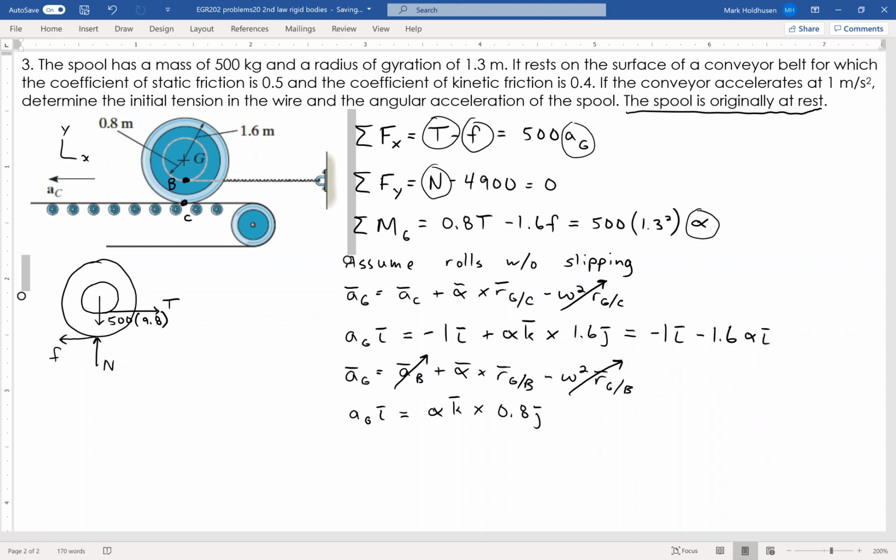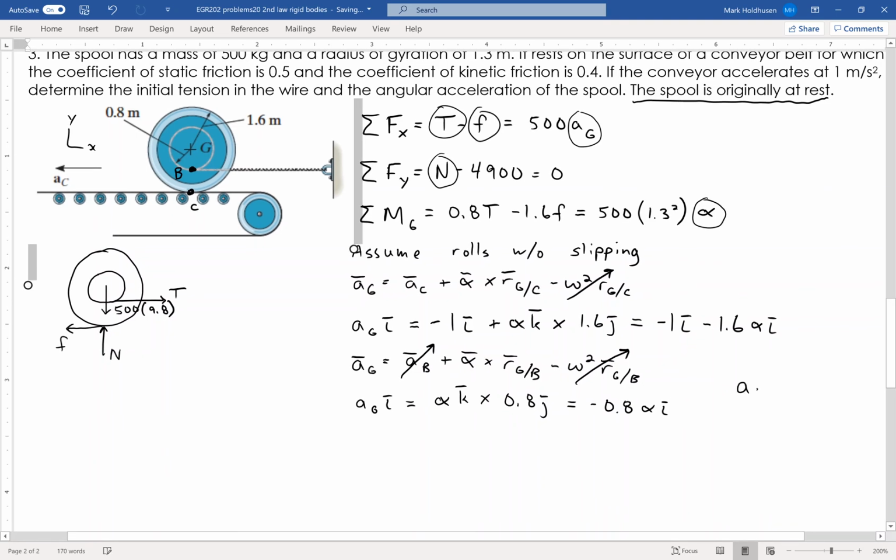So from that, I learned that this is negative 0.8 alpha in the I direction. That's what AG is. Now I've got two equations, two unknowns. I can find AG and I can find alpha, right?